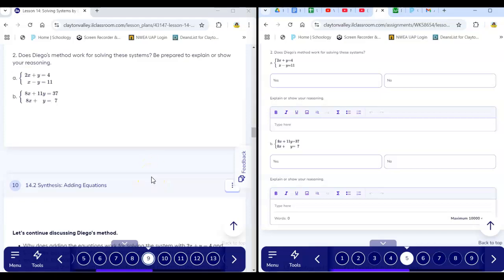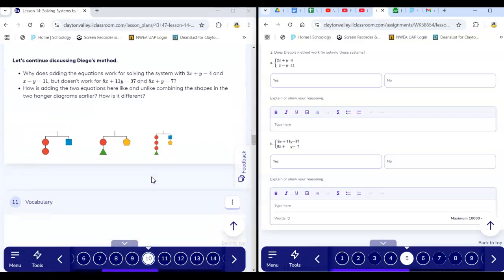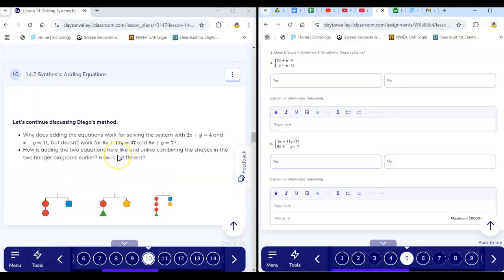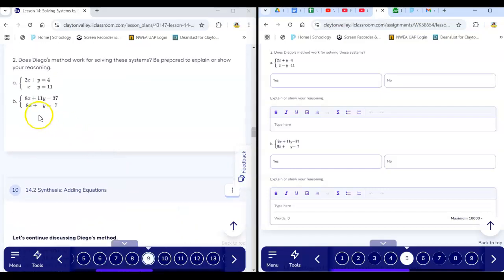Okay. So I invite you to actually try this out, okay? So I would like you to pause the video and go ahead and try.